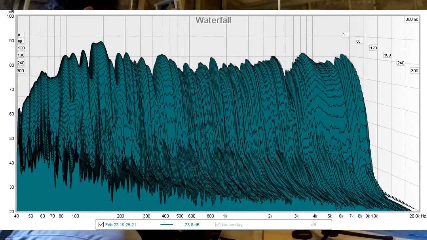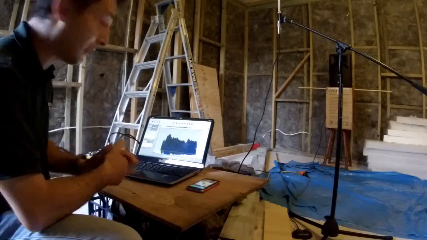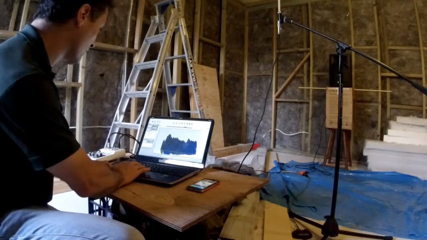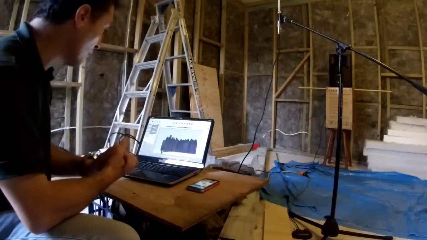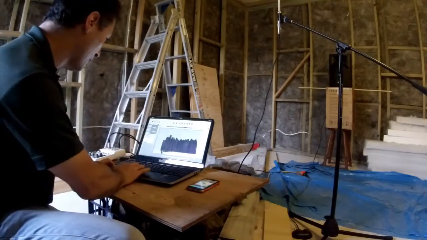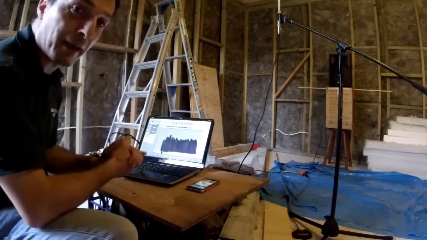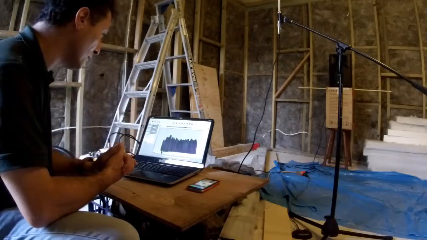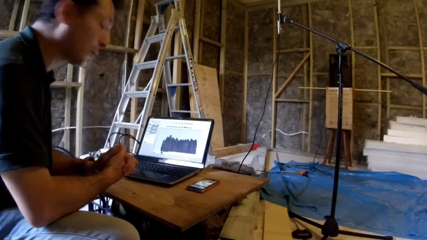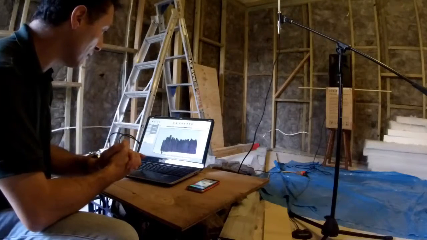As you can see, there's definitely a longer decay time without the insulation, and as soon as we put the insulation in, they pretty much die at the same time. Past about 140 hertz or so, that's when you get a little bit more, probably 100 to 120 milliseconds, and then we've got a little bit of peak way below that.